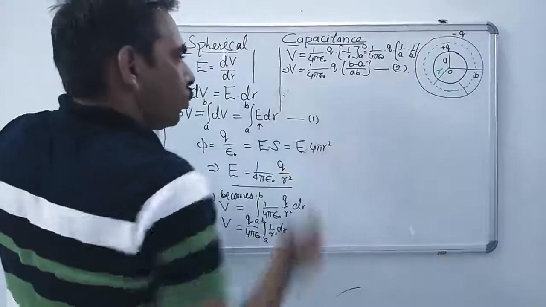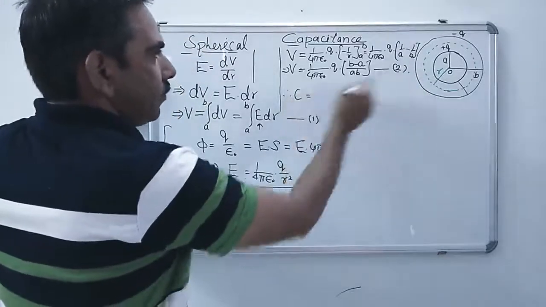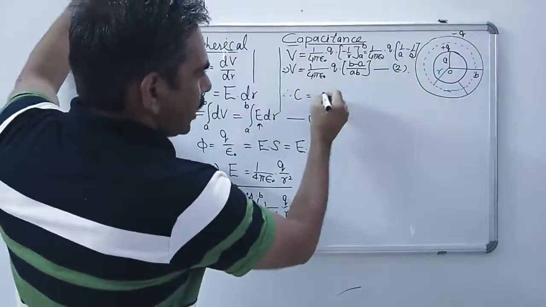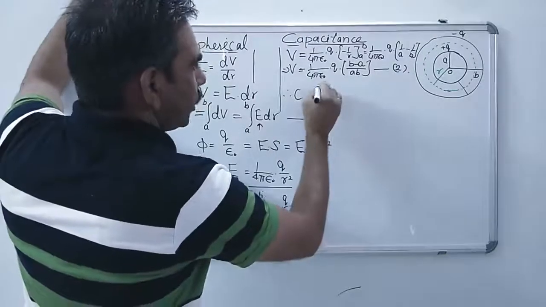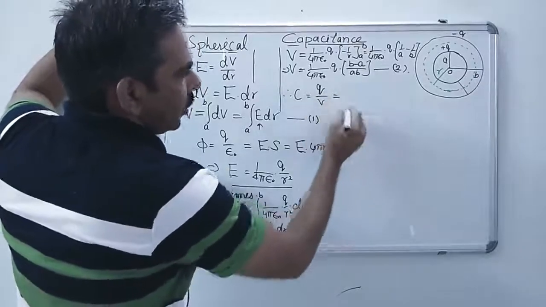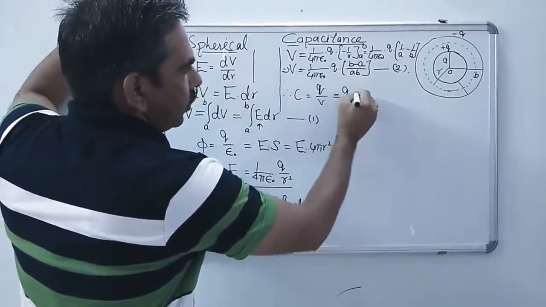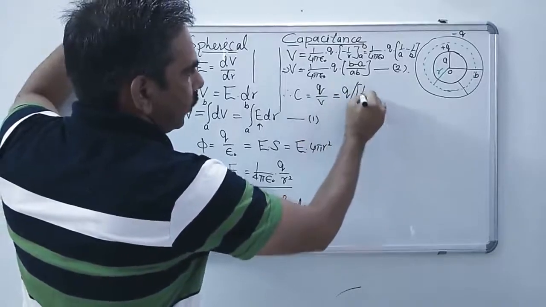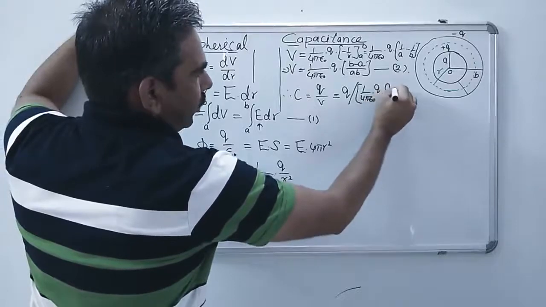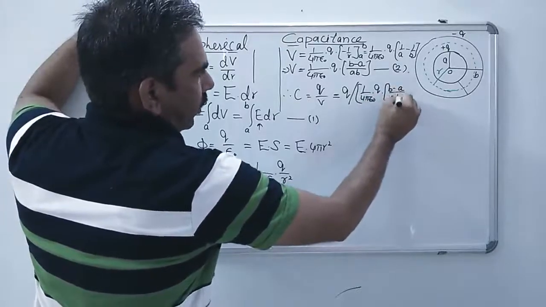So therefore we can calculate the capacitance of this spherical capacitor, which simply equals Q upon V. What does this give? This gives Q divided by 1 upon 4 pi epsilon naught into Q into B minus A upon AB.